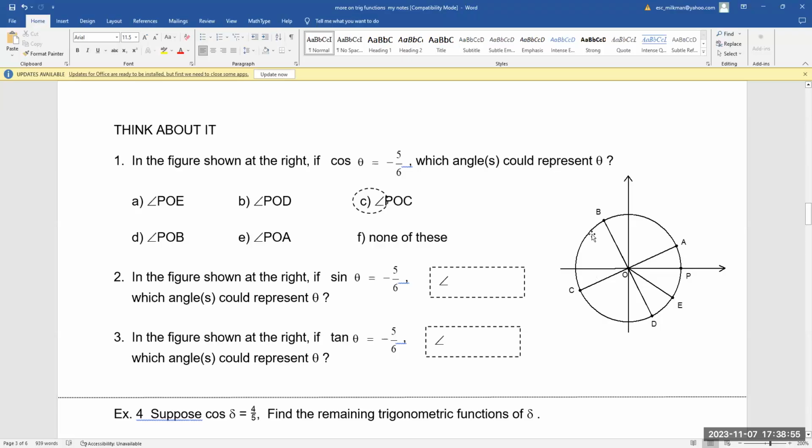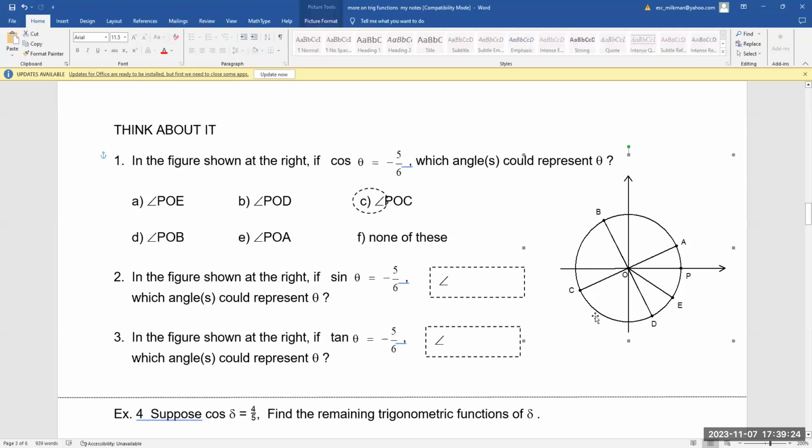Okay, then we've got POD versus POE. Let's look at POD first. Looking at this y value, does this y value appear to be the correct one? Or looking at POE, does this y value appear to be 5?